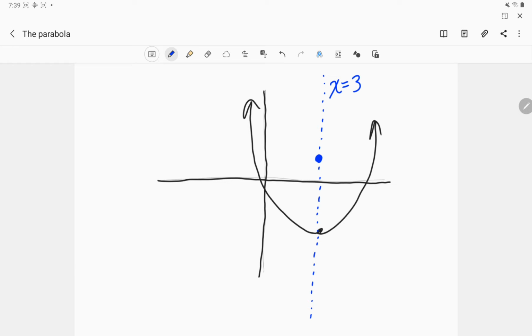That same distance, but in the opposite direction below, there's going to be a line. This line is called, and this is the only place I've ever seen this word, the directrix. It is the same distance away from the vertex as the focus point is. Now, again, because it's a line, it's going to have an equation attached to it.